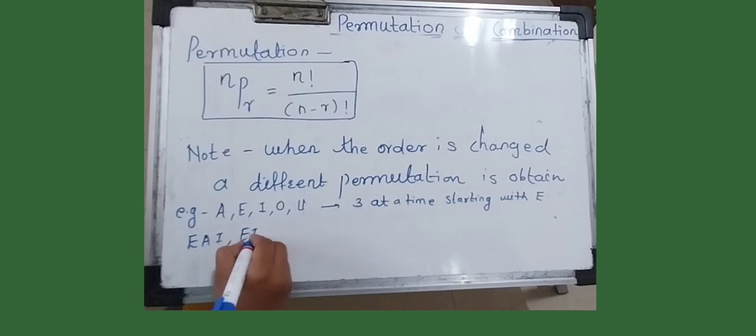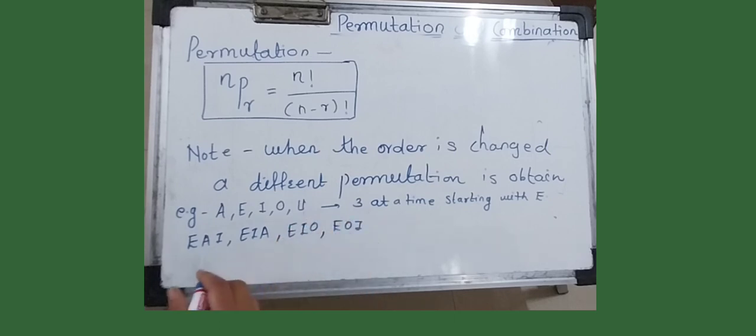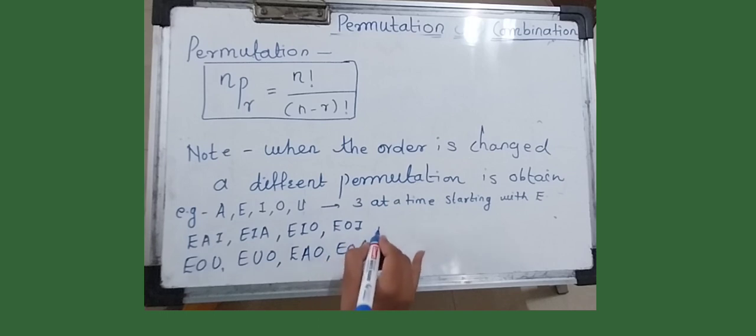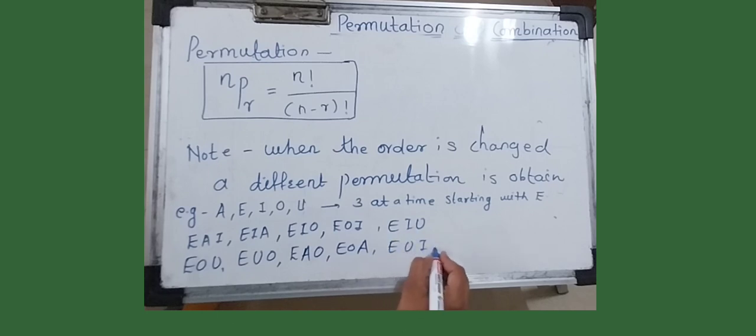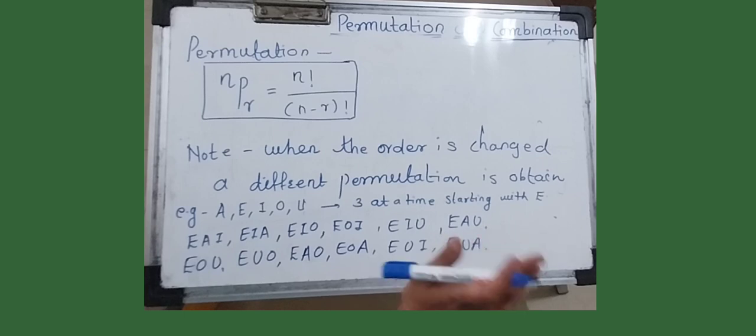Now if I write E, A, I. E, I, A. Then E, I, O. Then E, O, I. Again E, O, U. E, U, O. Permutations. E, A, O. E, O, A. I write here E, I, U. E, U, I. E, A, U. E, U, A. Clear?